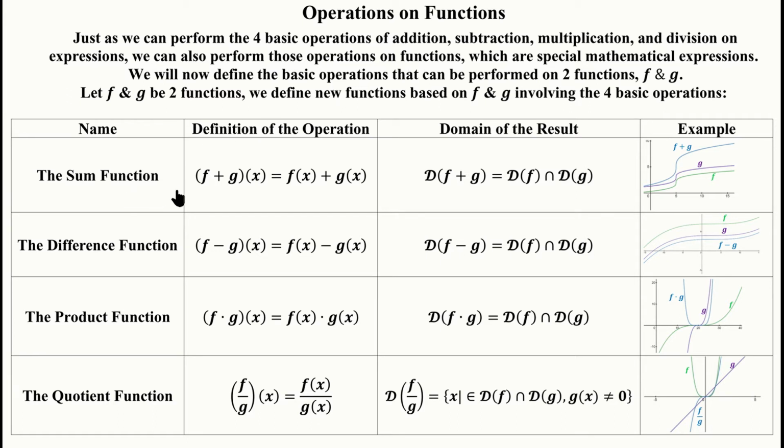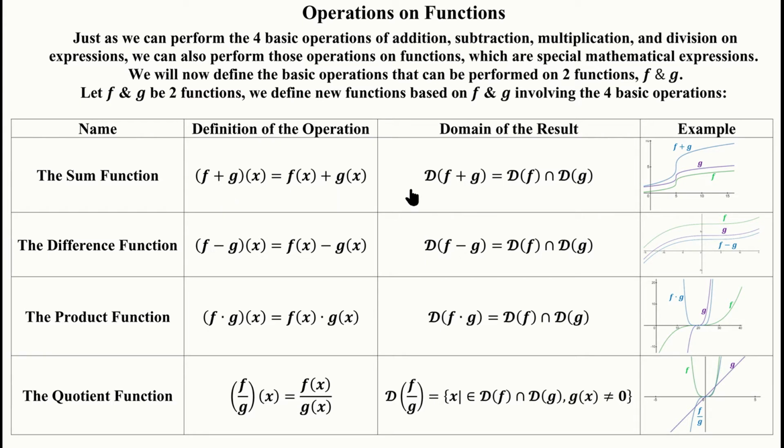So the definitions are quite straightforward and simple, and here's the visualization. Like here we have a function f and a function g, and when we add them we get this other new function which we call the sum function. So that itself is also a function.